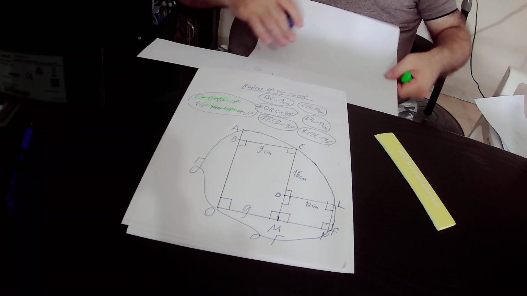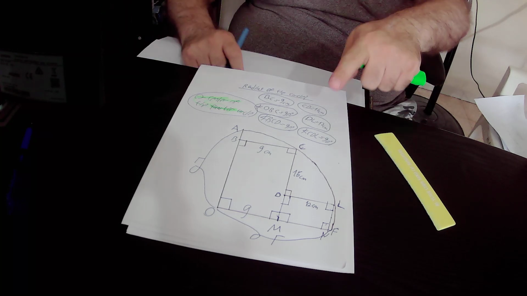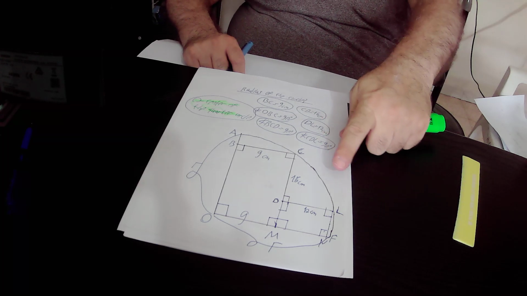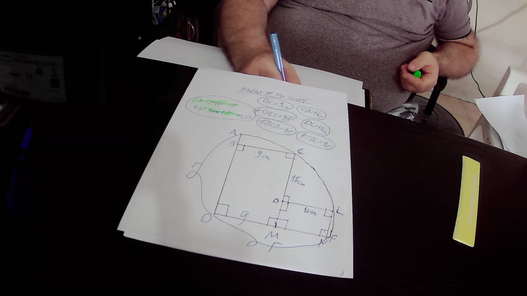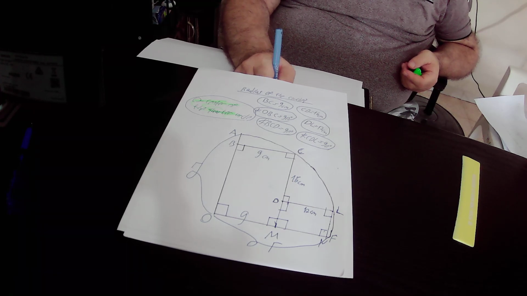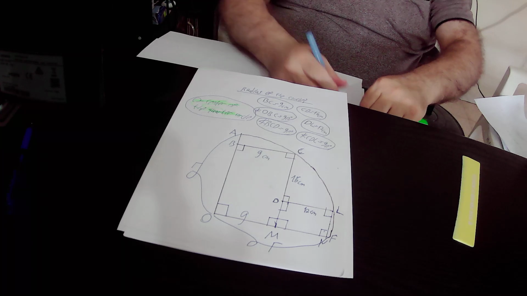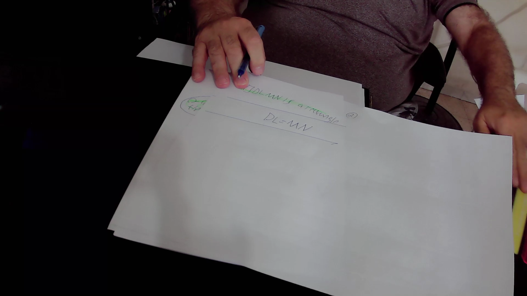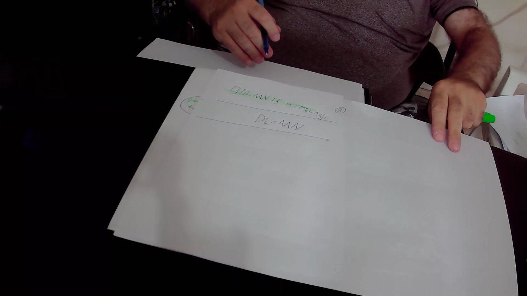We also know that the opposite sides of a rectangle are equal to each other. So the opposite sides of rectangle DLMN must be equal to each other. That is to say, DL must be equal to MN. Repeat again. DL must be equal to MN according to the rule that the opposite sides of a rectangle are equal to each other.